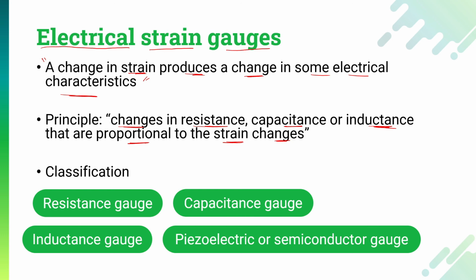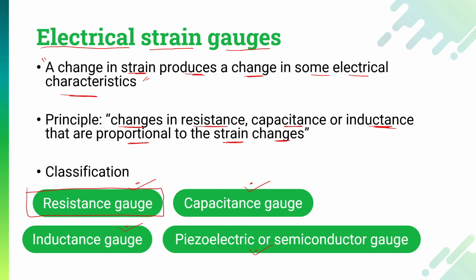Now these strain gauges can be classified as resistance strain gauges, capacitance strain gauges, inductance strain gauges and piezoelectric or semiconductor strain gauges. As we said in the introductory parts, resistance strain gauges are one of the most popular types of strain gauges, so our concentration will be on these only.